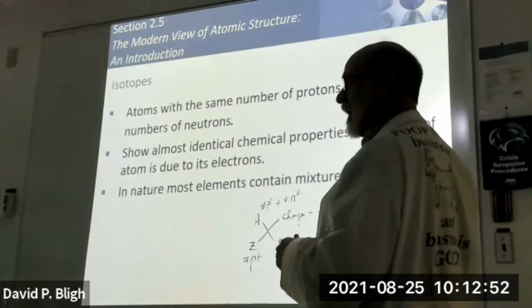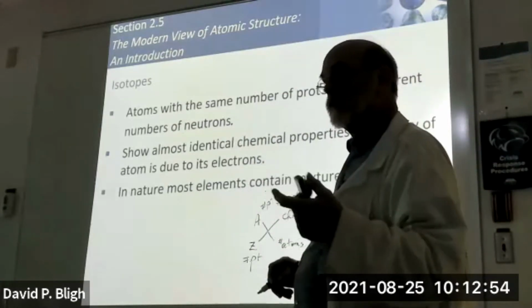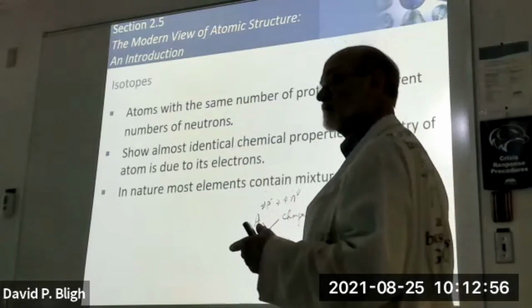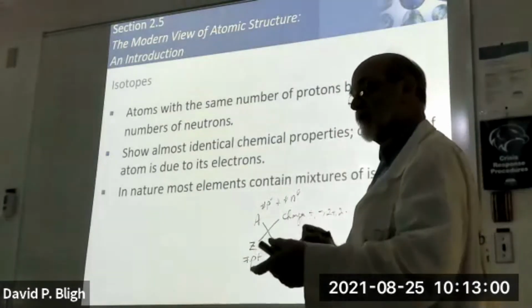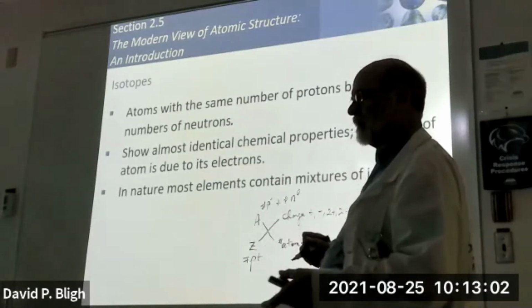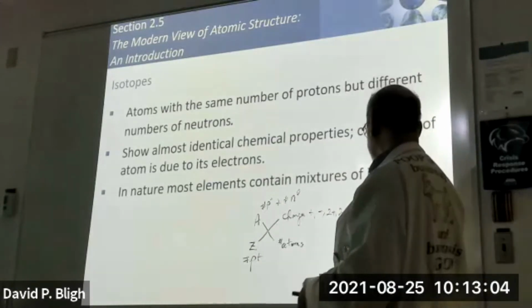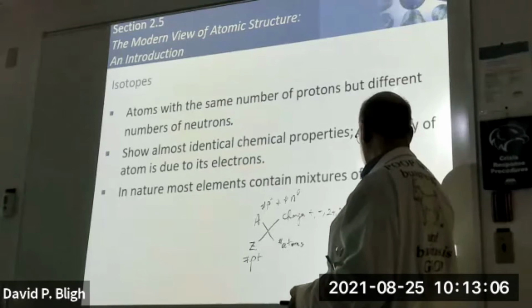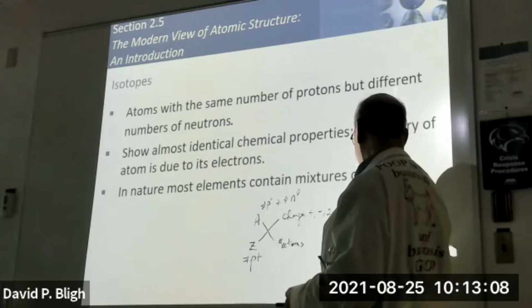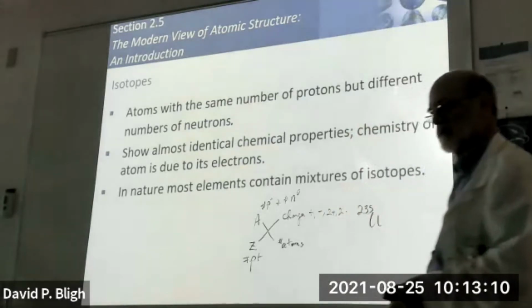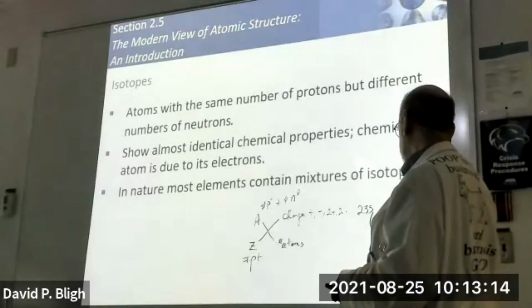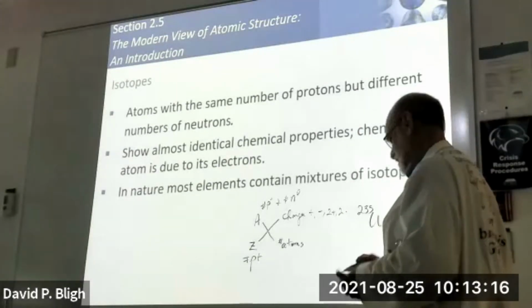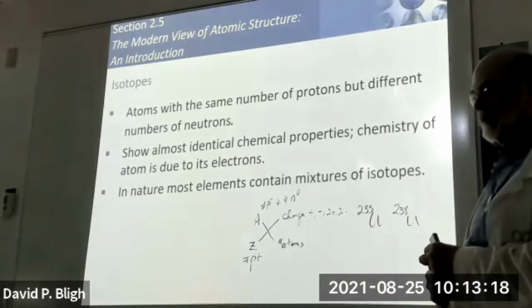So if we're describing the isotopes of uranium, when they tried to separate the fissionable isotope of uranium so they could make a bomb back in the Manhattan Project, they were looking for this one, U-235. But most of uranium is this isotope, 238, and it won't fission.